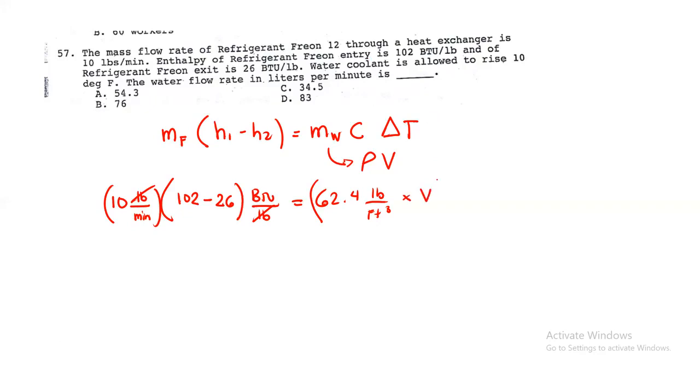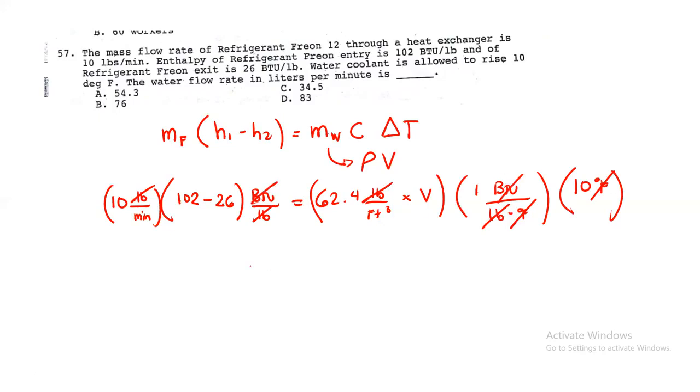So times volume times specific heat. So ano yung specific heat ng water dito? So specific heat, 1 BTU per pounds degree Fahrenheit. So kabisado yun, no? Specific heat ng water. Then change in temperature, 10 degree Fahrenheit. So maka-cancel si Fahrenheit, si pounds. Then matitira dito is si BTU, matitira dito is foot cube per minute. So volume, so ilan yung volume na matitira dito?